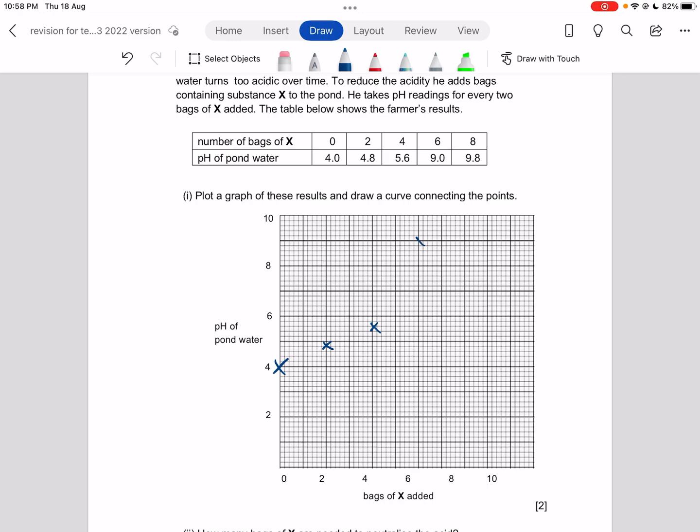Right. Okay, when it's 6, then it is 9, oh no. When it's 8, 9.8. Okay, so it goes this way, then a curve up. Right.